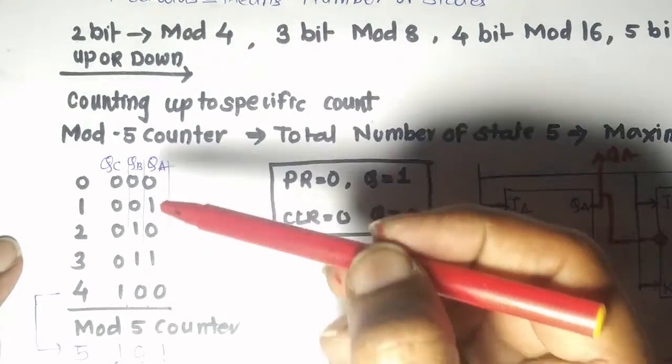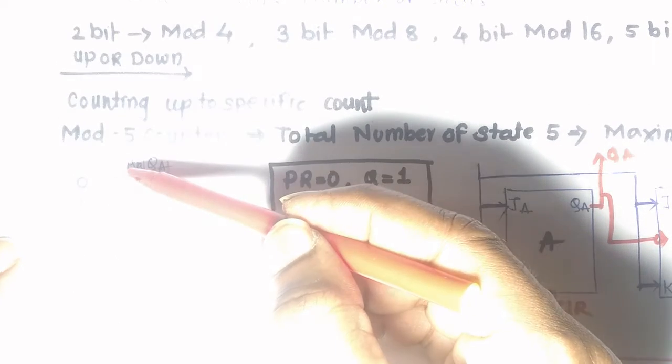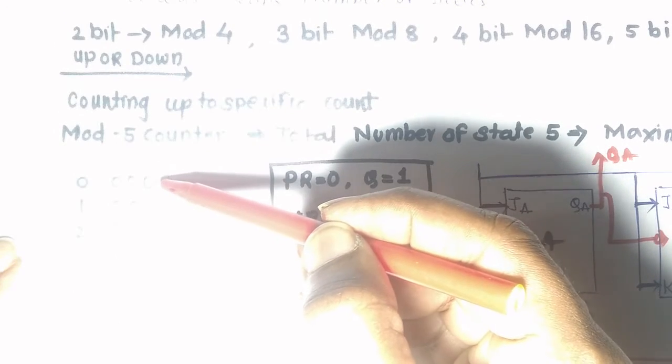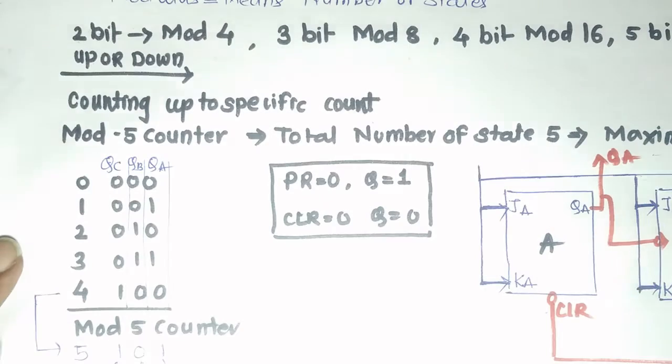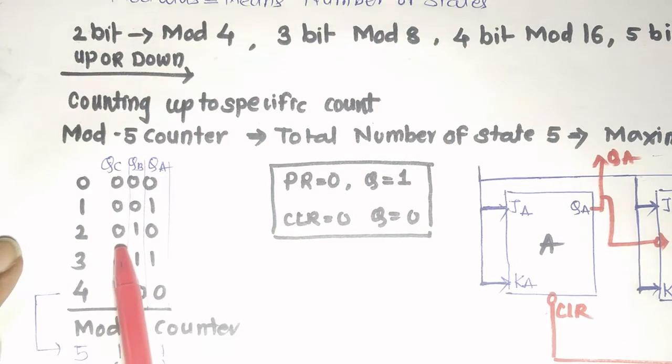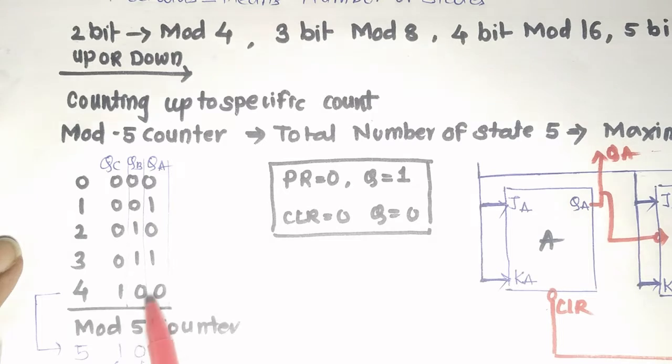The outputs of the mod 5 counter are 000, then 001, 010, 011 and 100. So the last state of the counter is 100, and in this way we can count the 5 states.